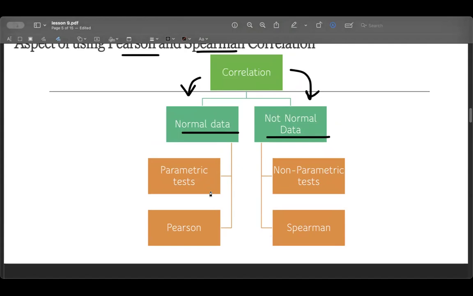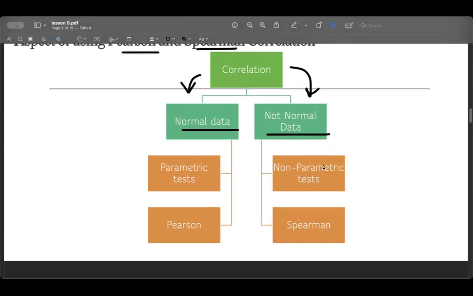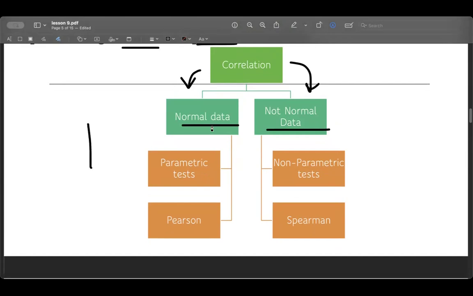For the correlation, we have normal data and not normal data. If it's normal data, we can apply the parametric test, but for not normal data sets, we have to apply the non-parametric tests. That is what this diagram explains.